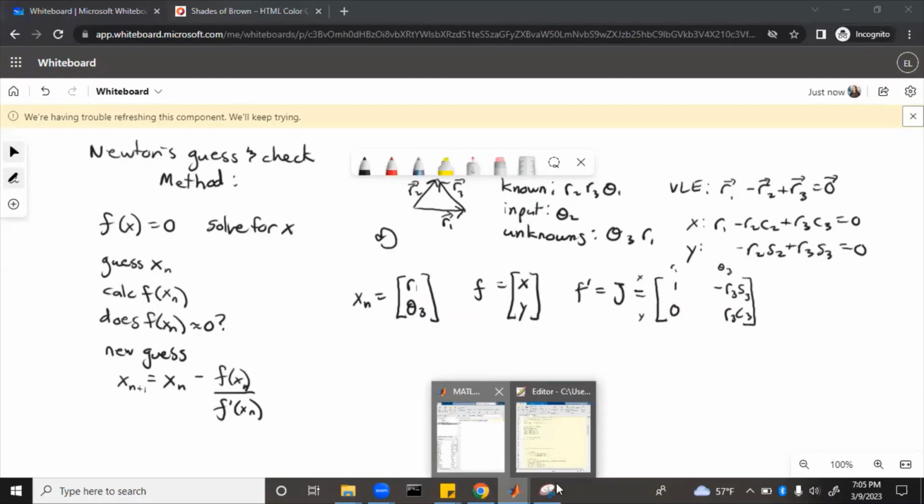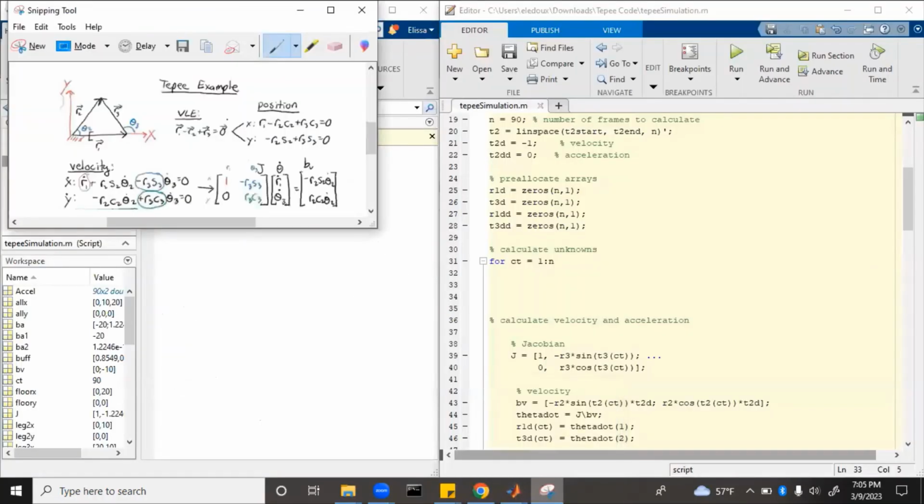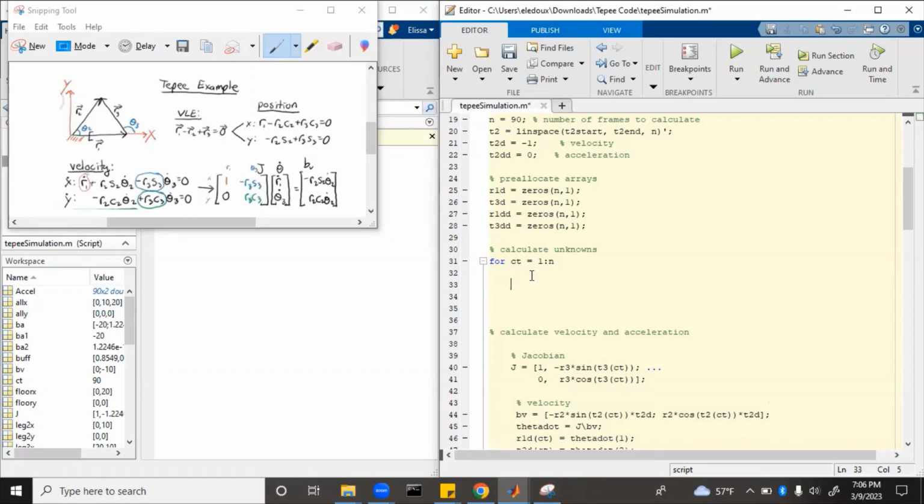Back here in Matlab, let's put that up here just as a reminder for ourselves. And now we'll fill in how we actually calculate these unknowns. So first thing we want to do is calculate the vector loop position scalars.